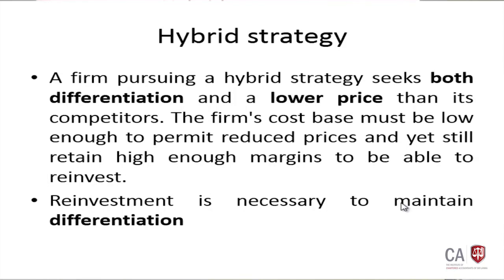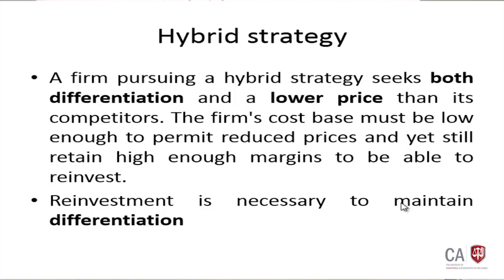Hybrid strategy. A firm pursuing a hybrid strategy seeks both differentiation and lower price than its competitors. So, here we try to acquire two things: uniqueness at the best level, and price also at the lowest level. But it is very difficult to do this, not easy.